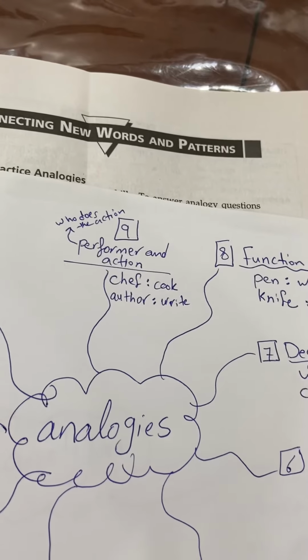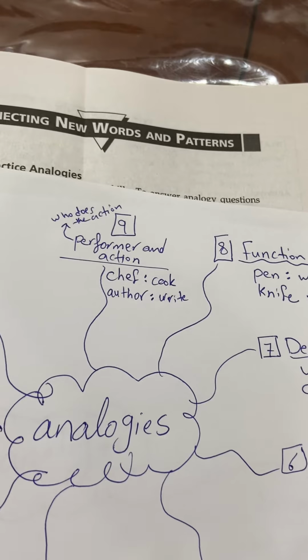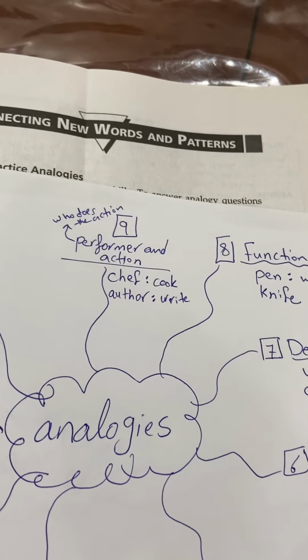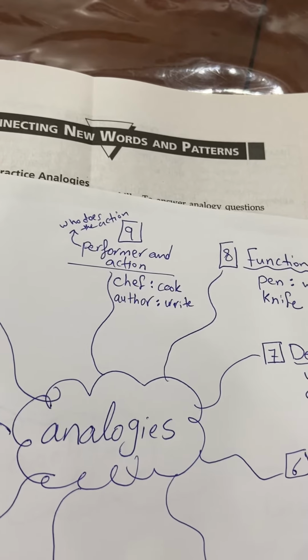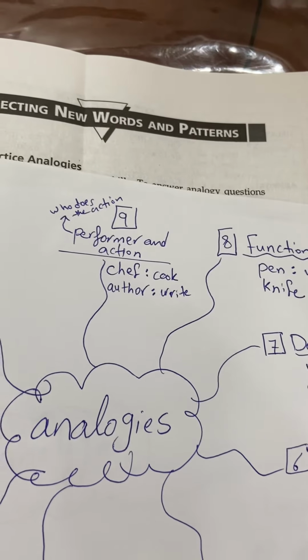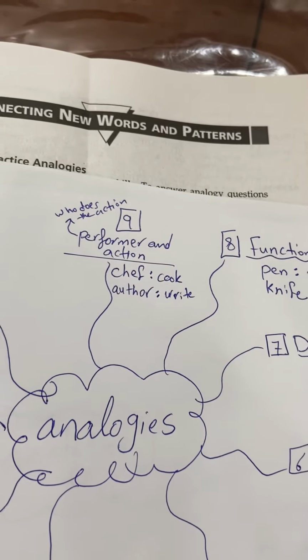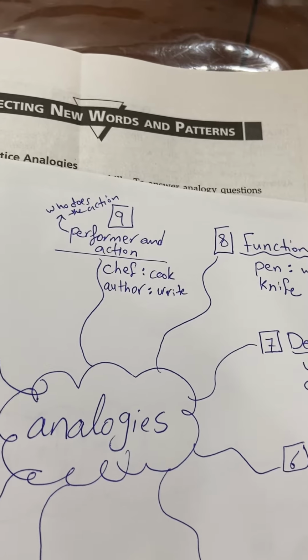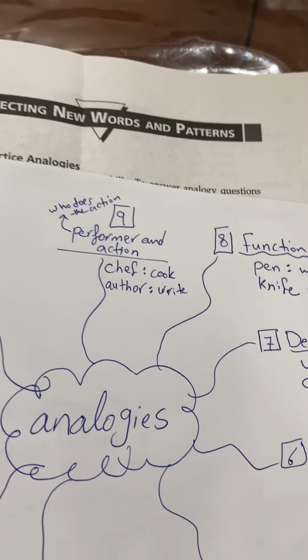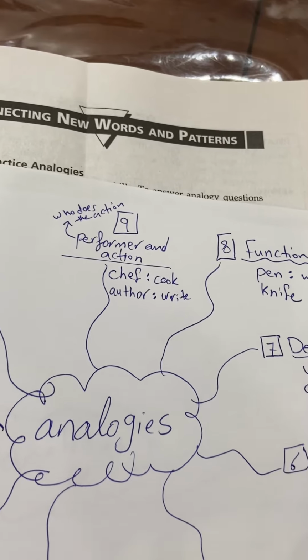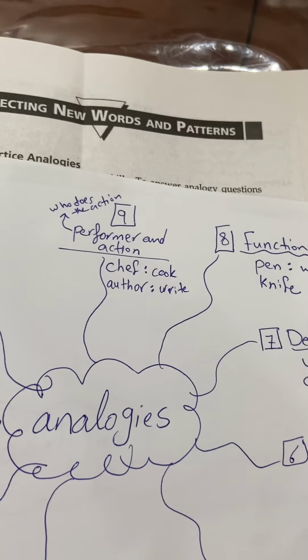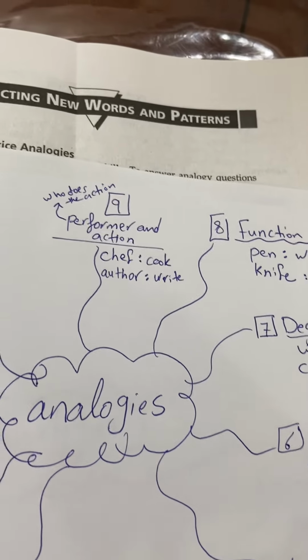Number 9, performer and action. It means who does the action. Chef, what is the action of the chef? What is the job of the chef? It is to cook. What is the action or the job of the author? It is to write stories.